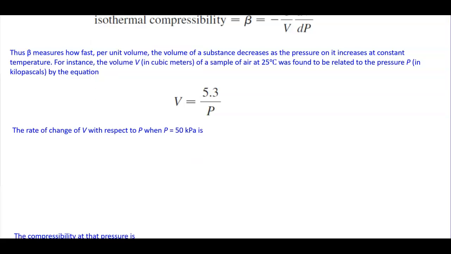What we want to do is find the derivative of V with respect to P of the function 5.3 over P. Now keep in mind that if we want to rewrite this, it is equal to 5.3 P to the -1.